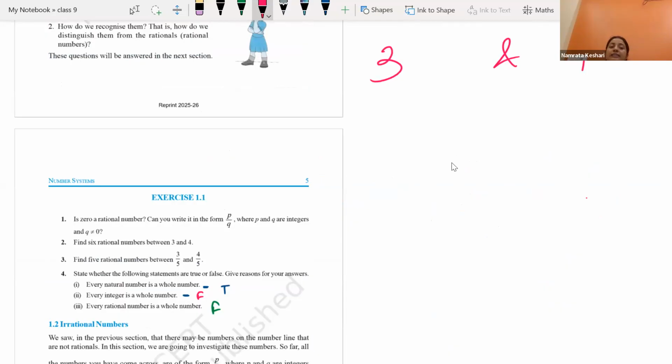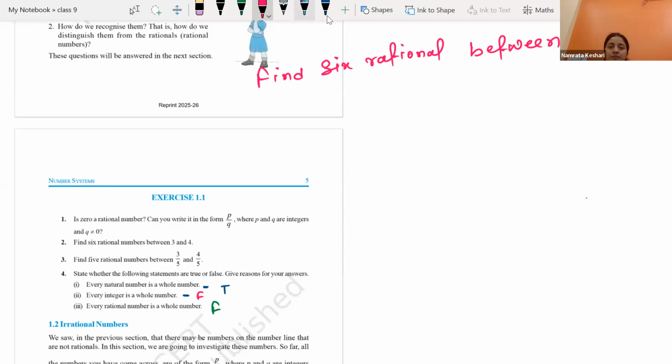We have to find 6 rational numbers in between these two numbers. Okay, let's find it.